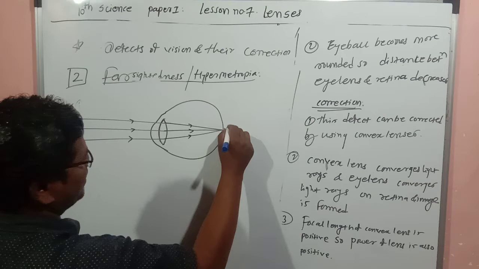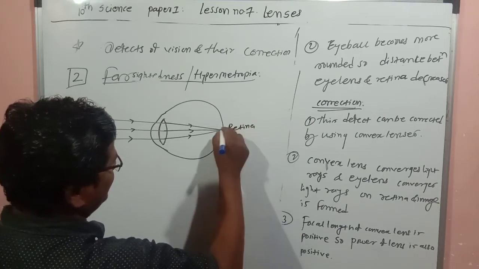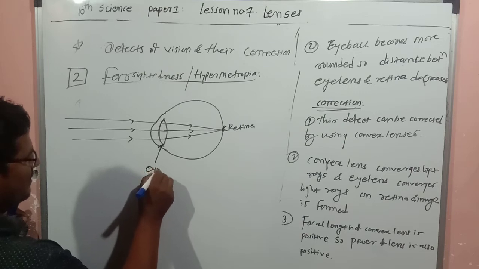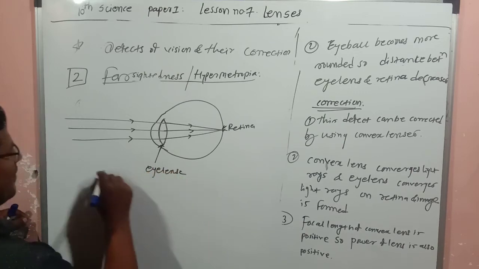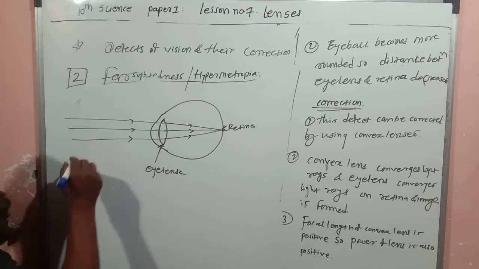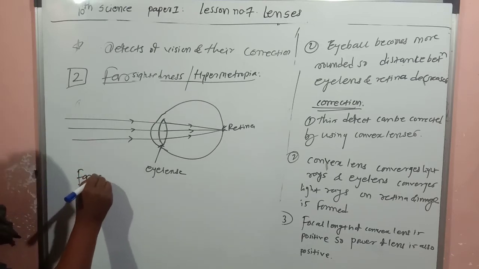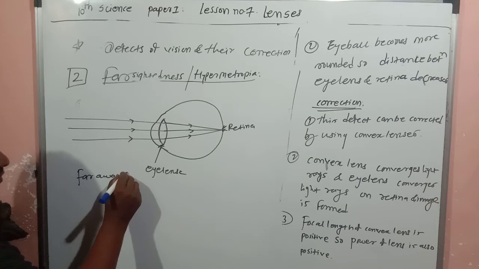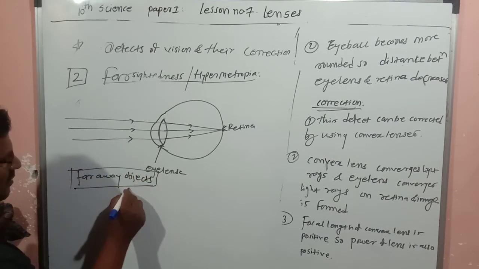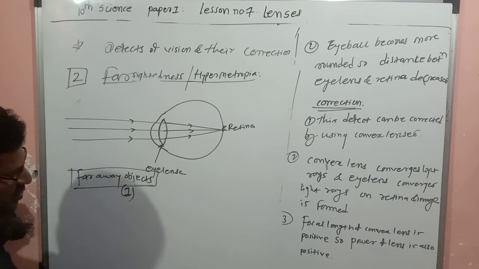This one is the retina, and on the retina it will be converged. This one is the eye lens. For far away objects there is no problem. This is diagram number one.